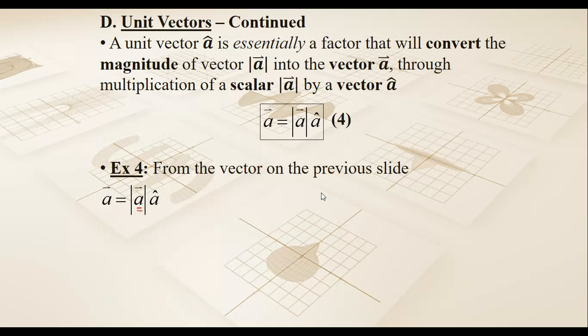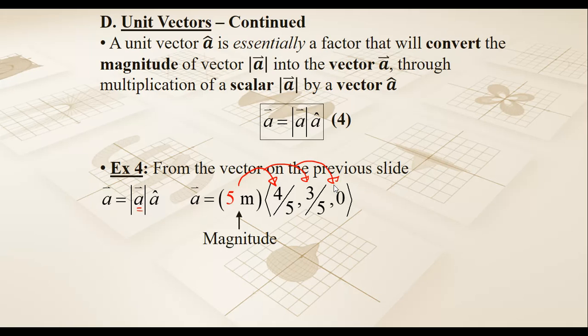So if we multiply those two together, now what you're doing is multiplying a scalar by a vector. So we take this 5 and multiply it by each of the components individually. The 5 is magnitude. The unit vector is just direction, but not magnitude. It's my conversion factor that's going to take magnitude and form a complete vector.